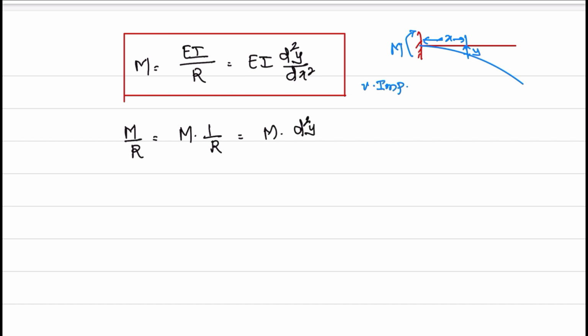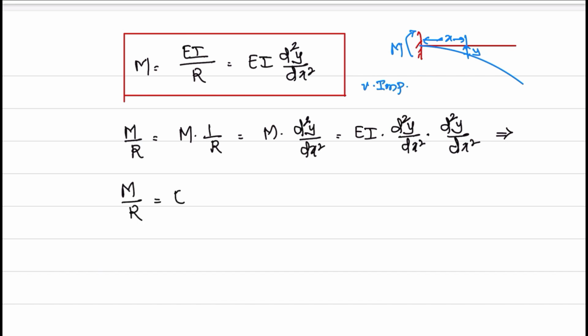D square y by dx square. That means M is EI into d square y by dx square. That implies M by R is equal to EI into d square y by dx square whole square.